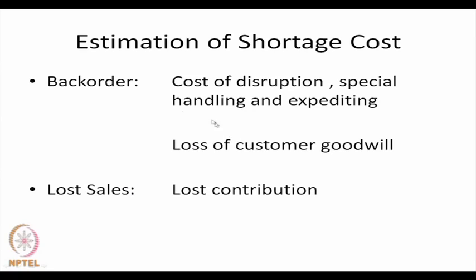must have an estimate of the cost of shortage of one unit, and that depends on two conditions: whether it is a case of back order. If a certain unit is short, then there is a possibility that the demand that is coming is held back as order backlog. That means the order is received and is not cancelled.